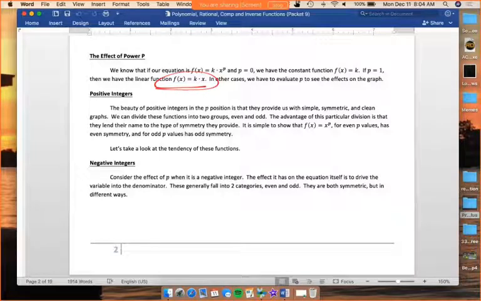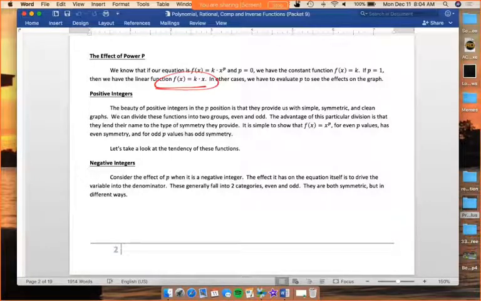In other cases, we want to look at what the values of p will do to affect the graph. So let's start with p as positive numbers. The beauty of using positive integers, we're going to stick with just integers to start, is that we have nice symmetric graphs.